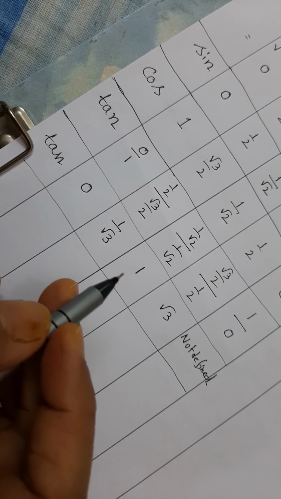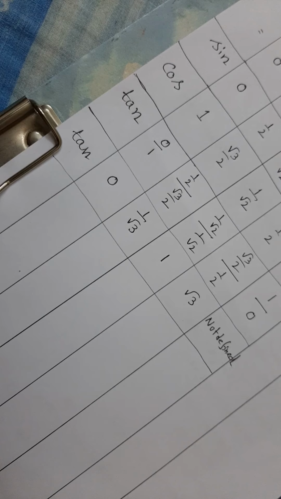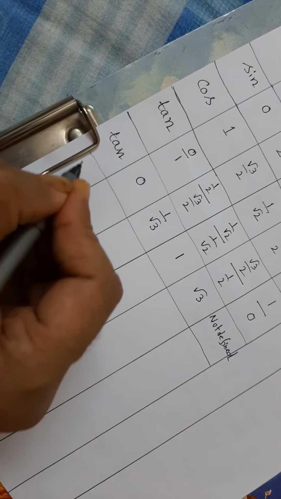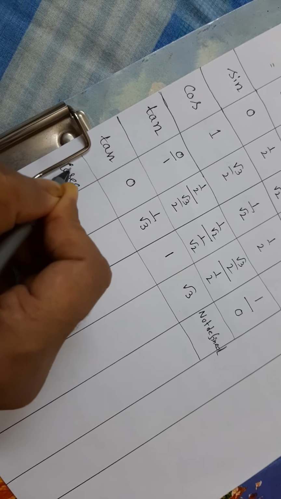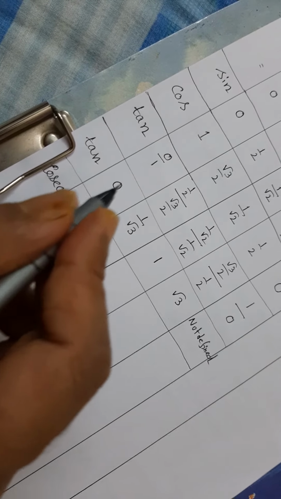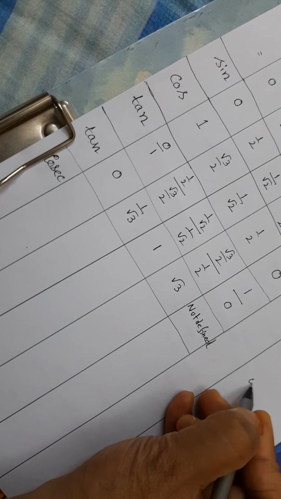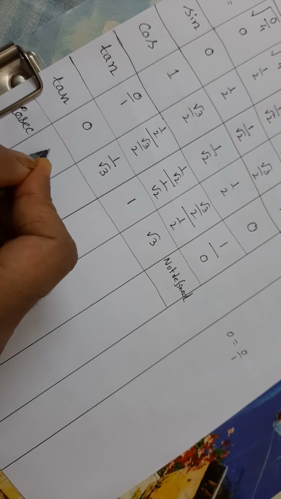So we got easily sine, cos and tan. Now reciprocal of sine, that is cosec, C-O-S-E-C. So cosec, reciprocal of sine value, so 0. Reciprocal of 0 means, we know 0 means 0 by 1, so its reciprocal is 1 by 0.